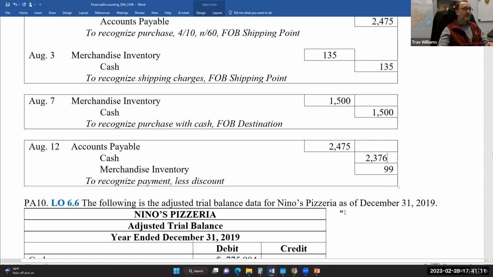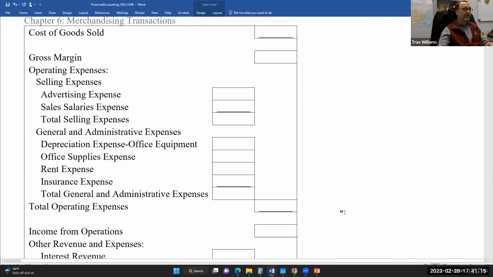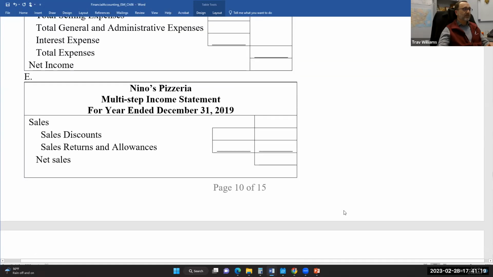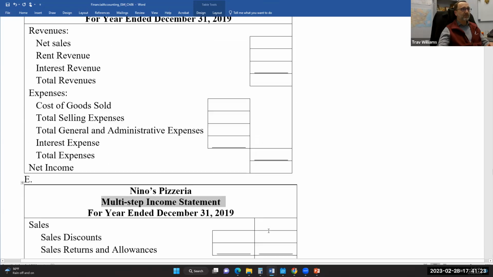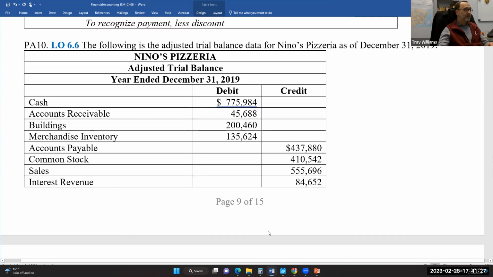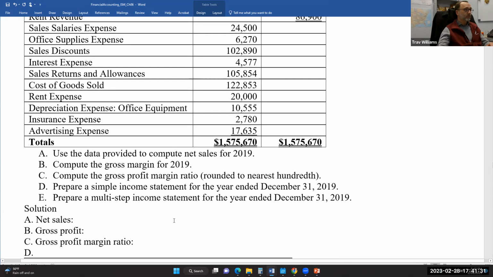If there are no questions, we'll go on to our final problem, number 11. I can see number 10 is one of those where you're probably going to want to do the multi-step income statement first. Did I recommend that up here? I didn't.